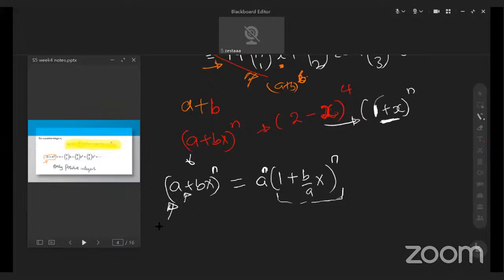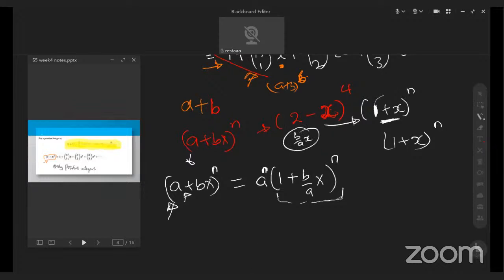The point is, first try as much as you can to simplify it in this given format of 1 plus x to the power of n. Whether the n is negative or positive, it doesn't matter. What's more important is for you to put it in this given format. So meaning your x will be b out of a x.